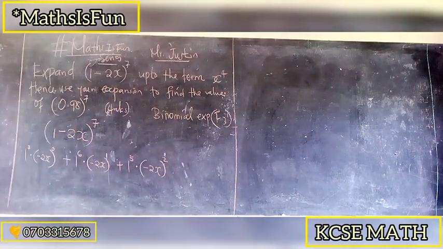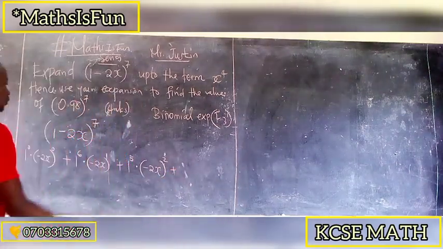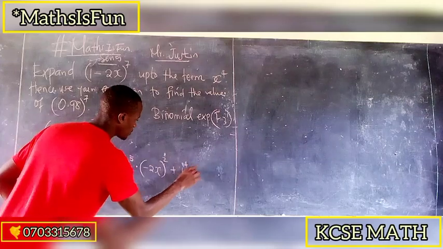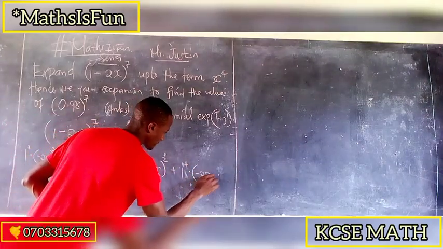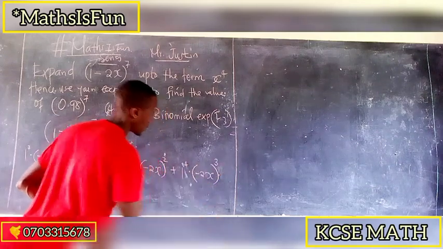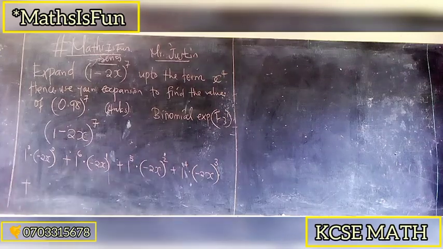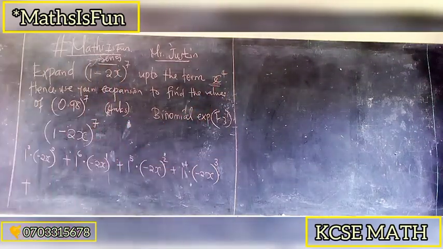The next one will be plus 1 raised to power 4. The pattern continues, multiplied by negative 2x raised to power 3. Remember we are considering the term that has x raised to power 4.